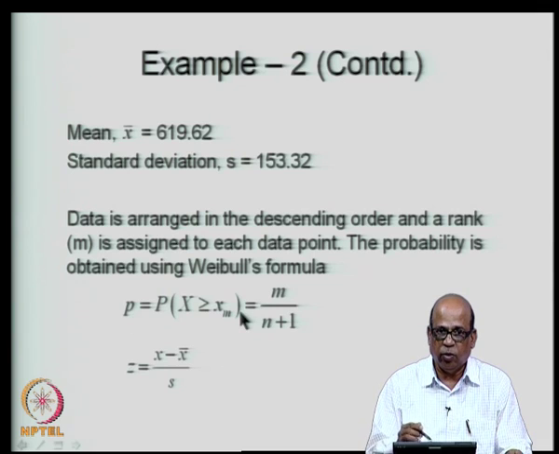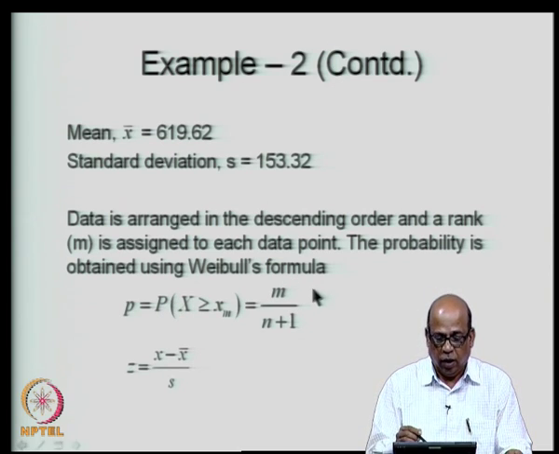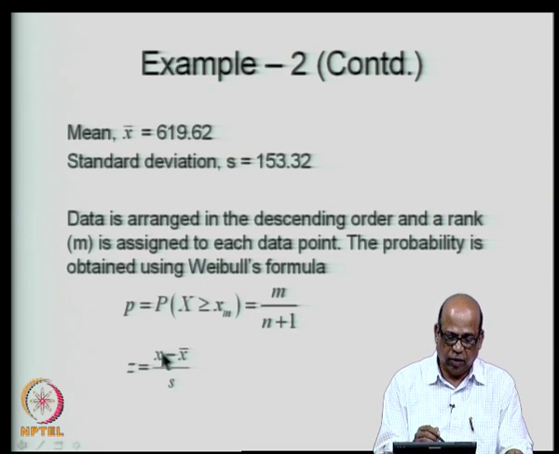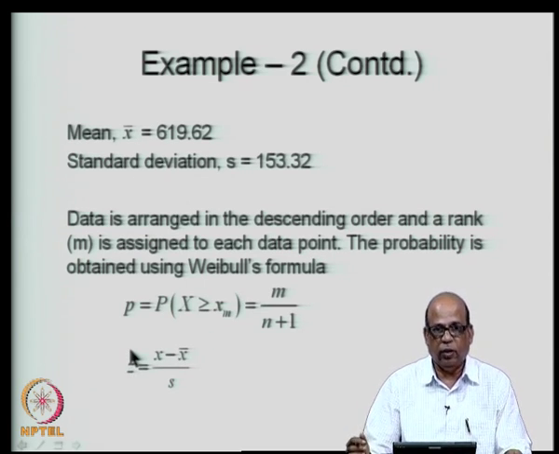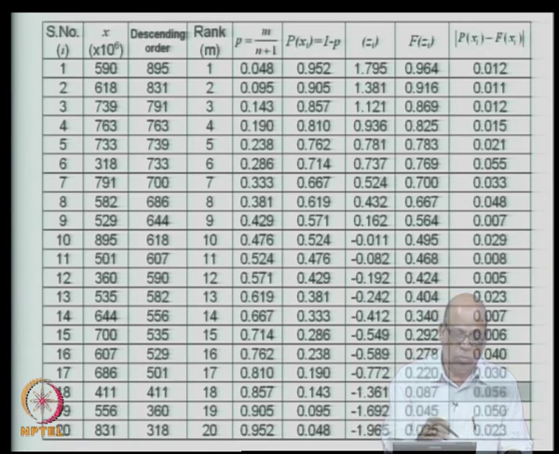Remember, x is greater than or equal to x m, associated with that particular rank m, and then from p we can get the CDF value, which is 1 minus p, and then associated with this particular value of x, we can also get the z value, and therefore, we can get the expected f of x, capital F of x. So, that is what we do.